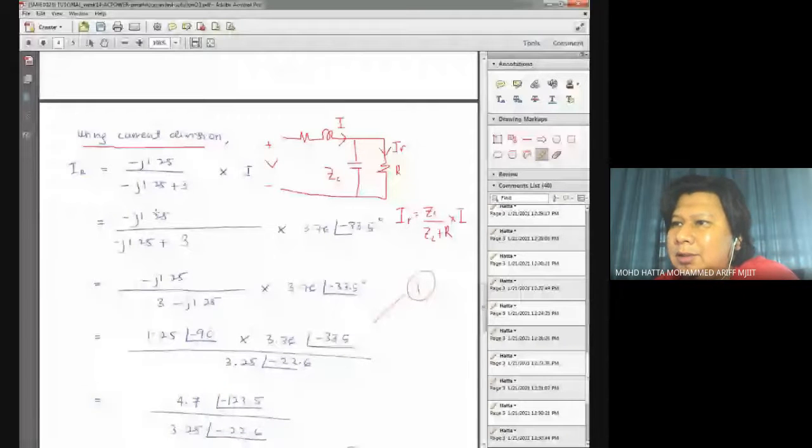So we have ZC, which is negative J1.25, divided by ZC plus R, where R is 3 in this case, and times the value of current. And in this case, current I, again, this is in its peak value.